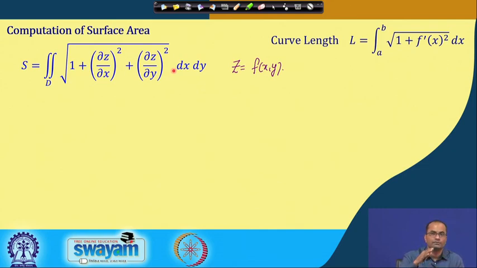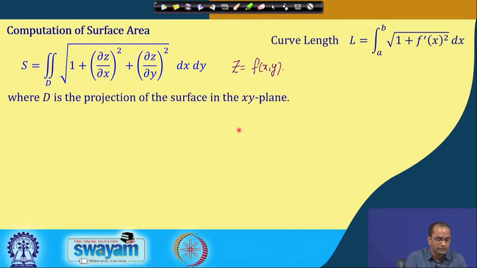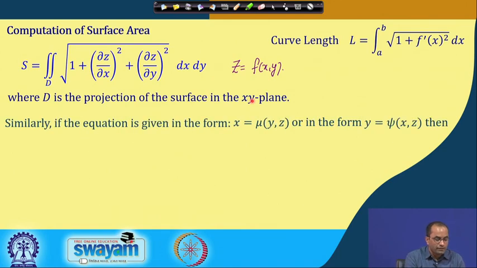So, we have some surface given over the z axis, and if we project that surface into the x y plane, then D will be exactly that domain. So, D is the projection of the surface in the x y plane.